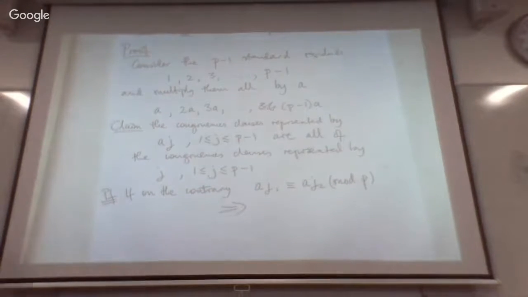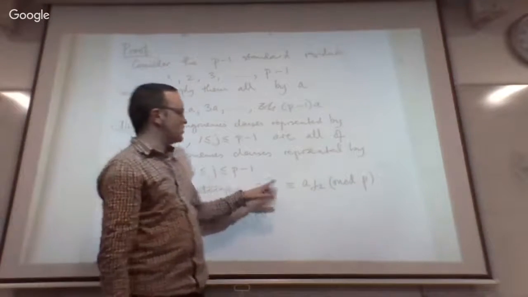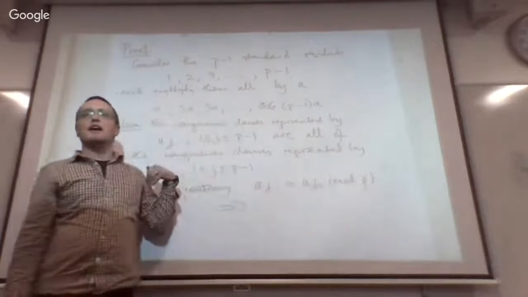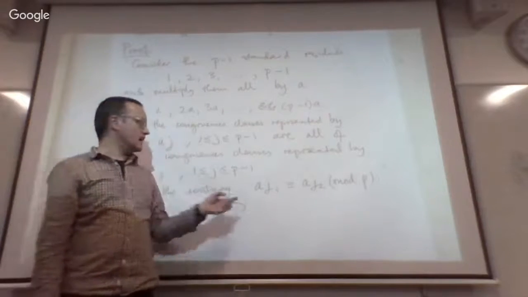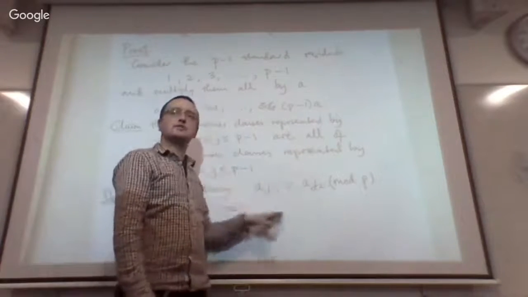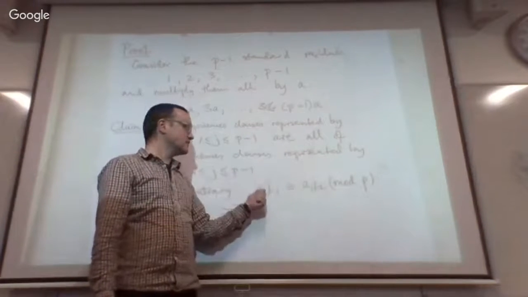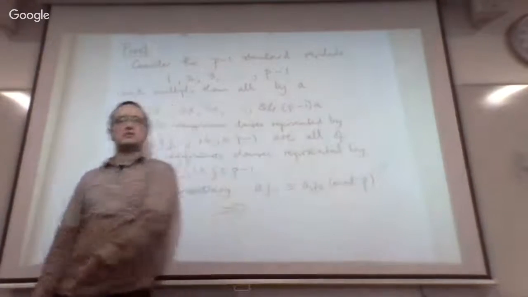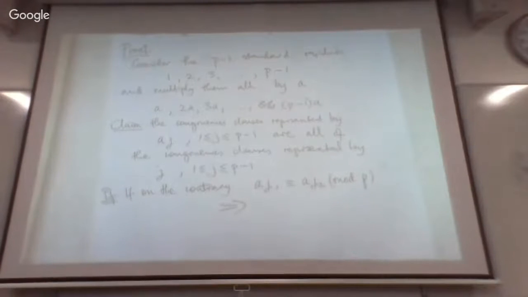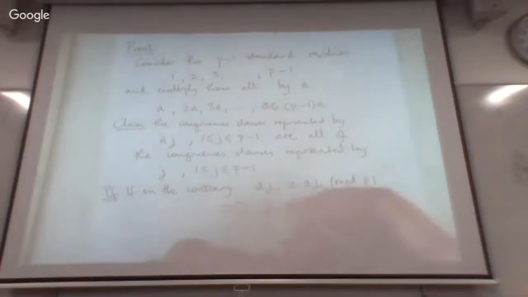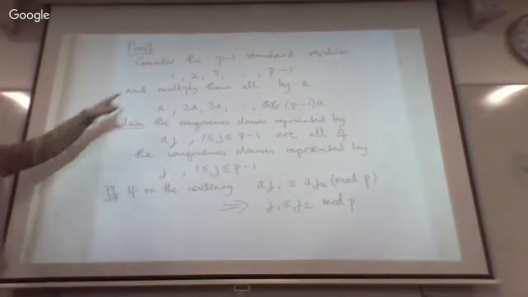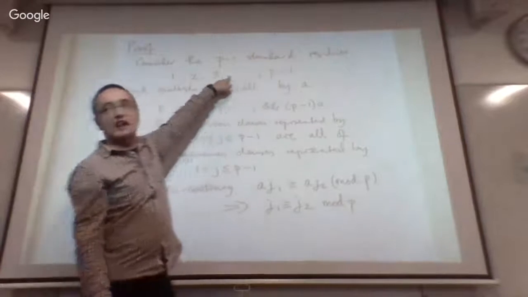But what can I do here? I know A is coprime to P. And we proved a lemma here that you can cancel factors from both sides of a congruence if you know that the factor is coprime to the modulus. So that implies that J1 is in fact congruent to J2 modulo P. But you see, all of these things are different congruence classes.